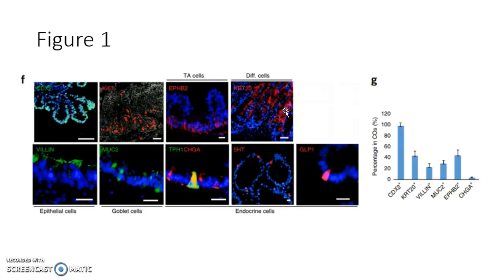Many of the cell types found in colonic and intestinal crypts are represented in this colon organoid, including the EPHB2 transit amplifying cells, VIA1 epithelial cells, mucin goblet cells, and chromogranin endocrine cells, everything.